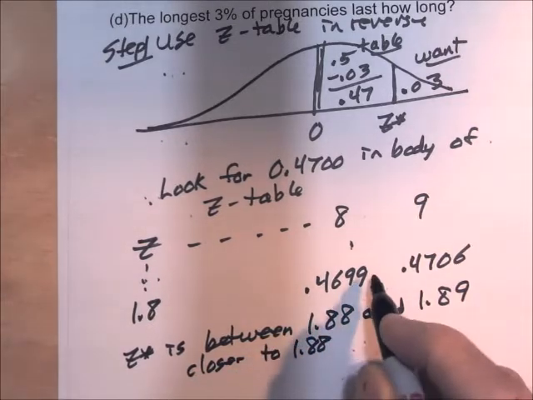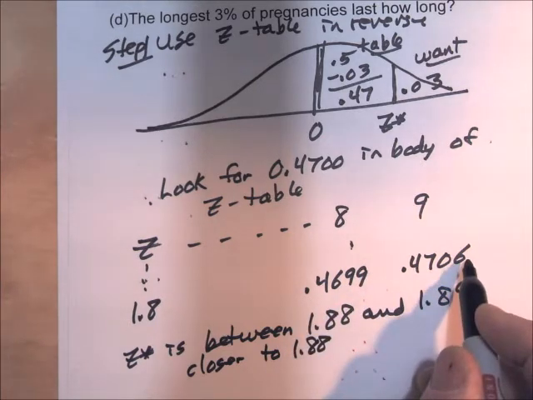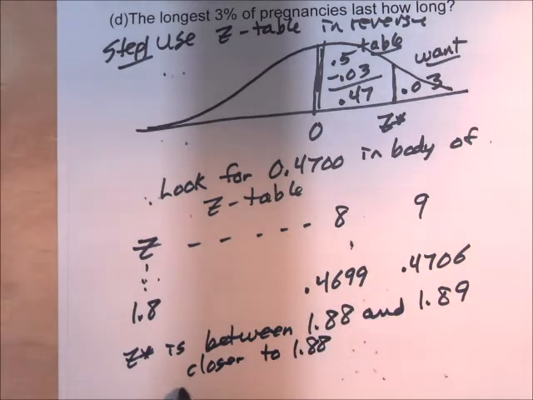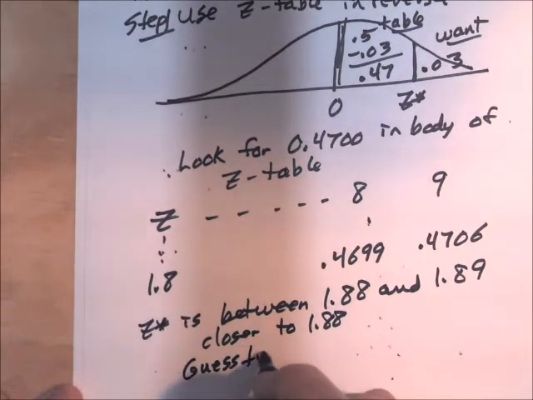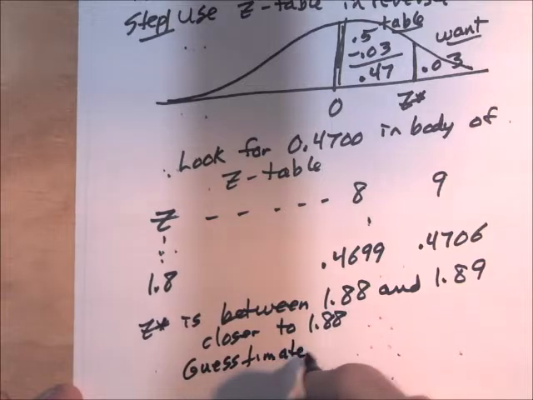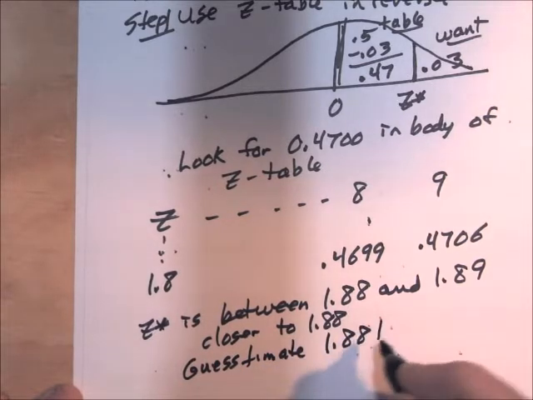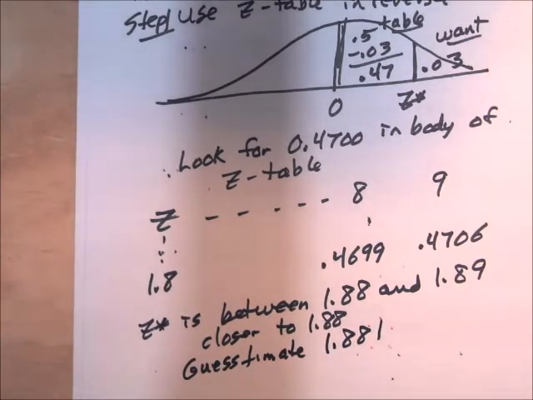If you look at the last digit, we're off by 1 here, and we're off by 6 there. So we could guesstimate maybe 1.881. So that's step 1.